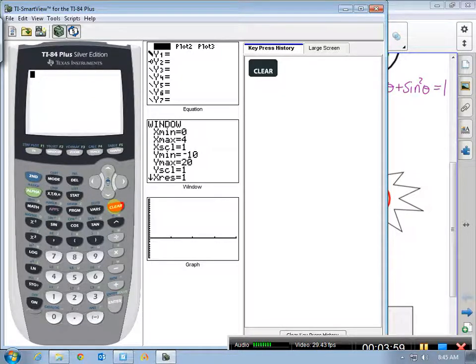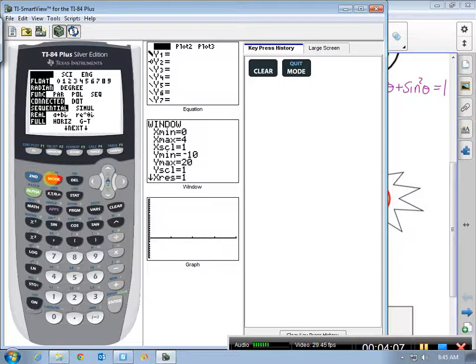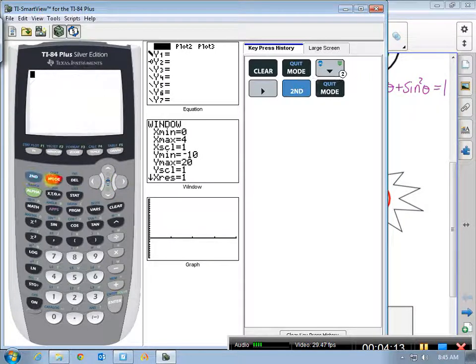To do the cosine squared of 45, let me check my mode. I'm in radian mode, so let me change that to degrees. I'm still going to hit cosine. It's ready for the angle, so we put in 45.